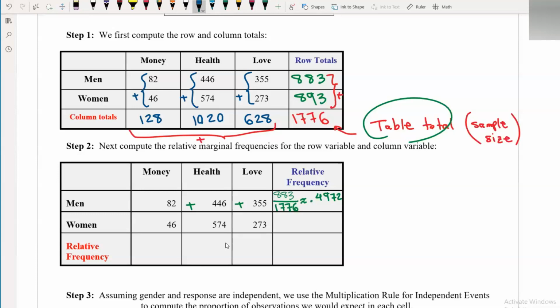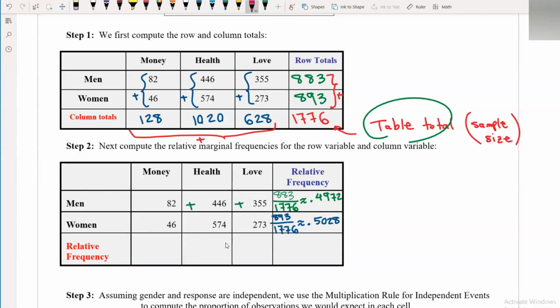Now for Vmin, the sum was 893 divided by the total, 1776. Rounding, it is 0.5028. Do the same thing for all these 3 columns.